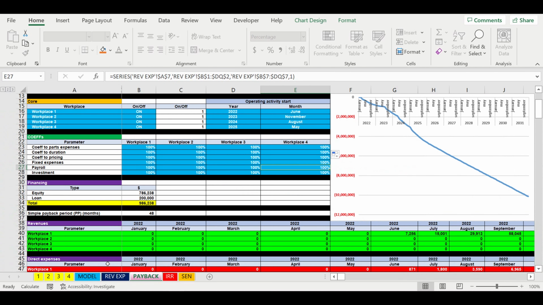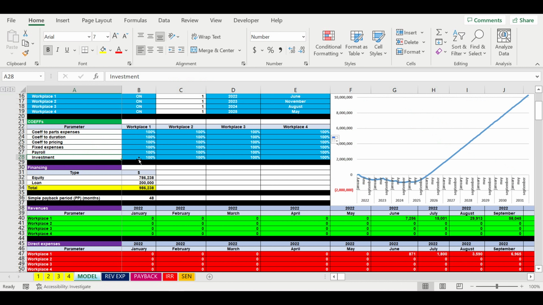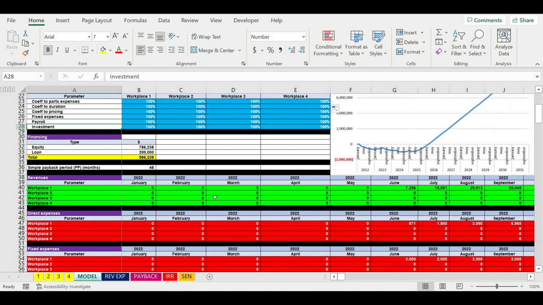So we have coefficients for direct expenses, duration, pricing, fixed costs, payroll, investment. So we can see the limitations of financing, the investment in one work spot, how this will affect the payback period. So this will be very valuable information for an entrepreneur when he starts the business.